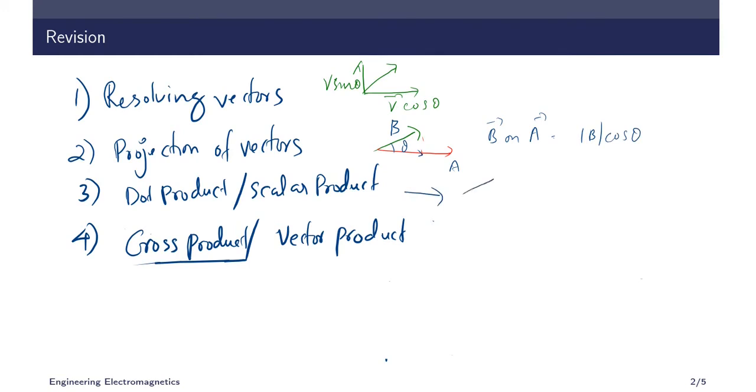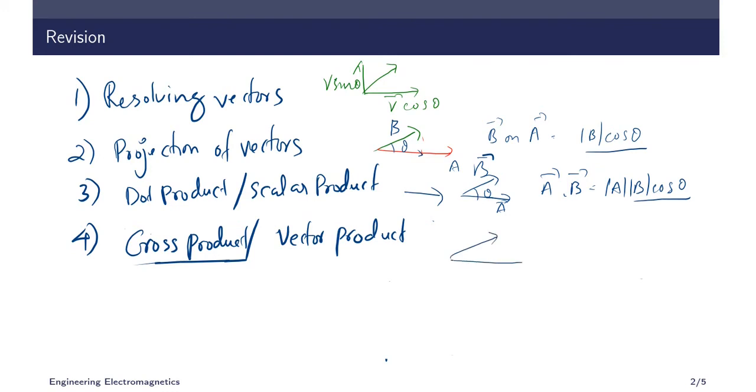So for vectors a and b with angle theta, the dot product a dot b is equal to mod a mod b cos theta. You can find the relation of projection in this one. Now also we have discussed about the cross product of two vectors a and b.